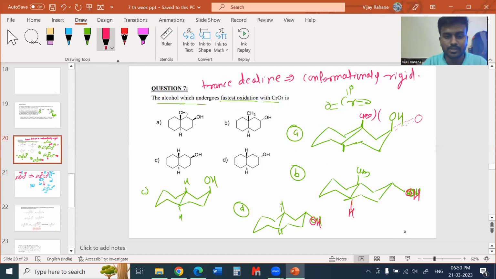The question is which alcohol undergoes fastest oxidation with CrO3. So the correct option is A, because in A a highly crowded transition state is formed, and that is very quickly converted into the product. That's why the oxidation of A is faster.